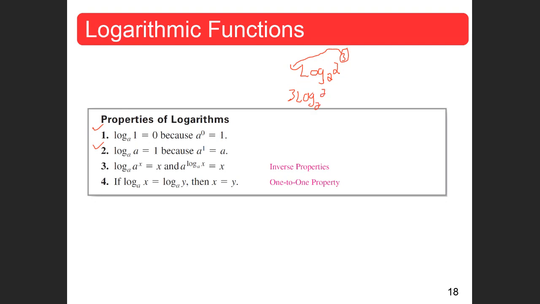Well, the log base 2 of 2 is just 1, so this would just be 3. If you ever have something like this, the answer is just going to be the exponent. It's just saying that you can move that value in front, and that's what I always do.